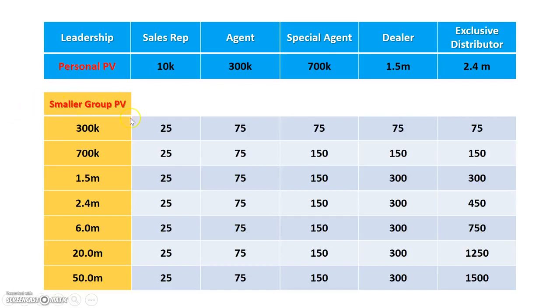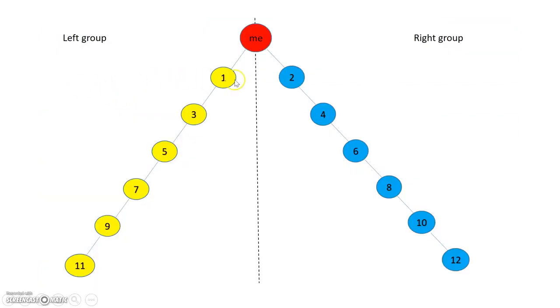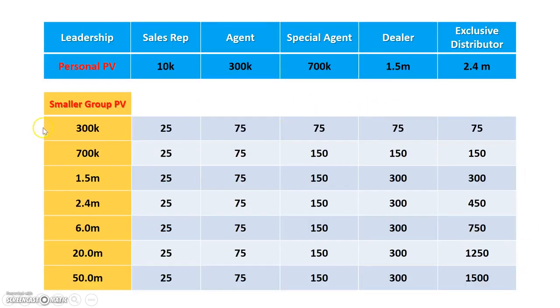The other PV is called group PV. Group PV is what I said just now for number 1 to number 11. These people who buy also have PVs. These are called the group PVs. There's a left group and a right group here. Group PVs also have different categories: 300, 700, 1.5, 2.4, 6.5 million, 20 million, 50 million, and so on.